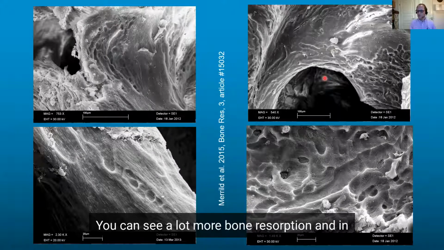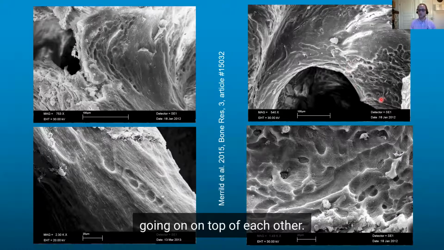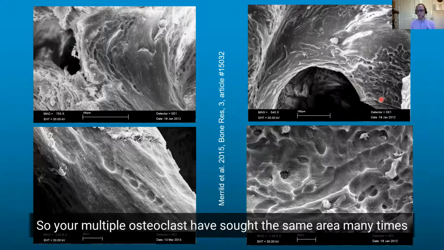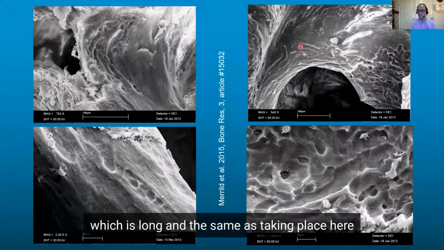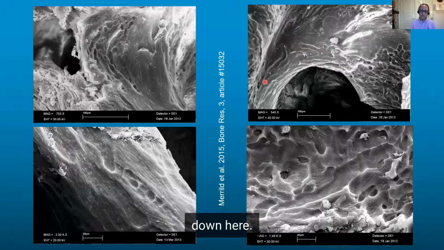In this image, you can see a lot more bone resorption, and in this area, lots of resorption going on top of each other. So here, multiple osteoclasts have resorbed the same area many times. But here you can see just single osteoclasts have resorbed just a single cavitation, which is long, and the same is taking place here.